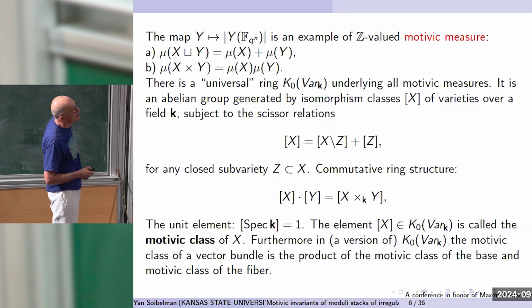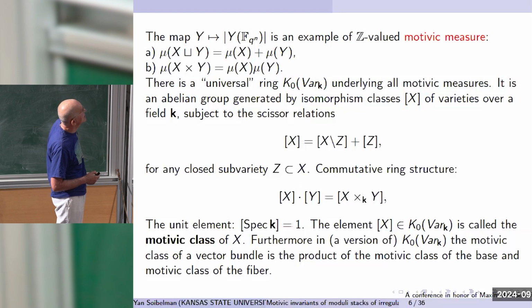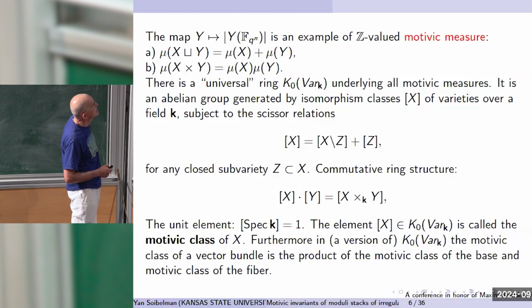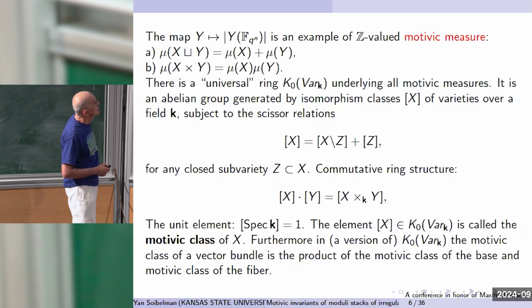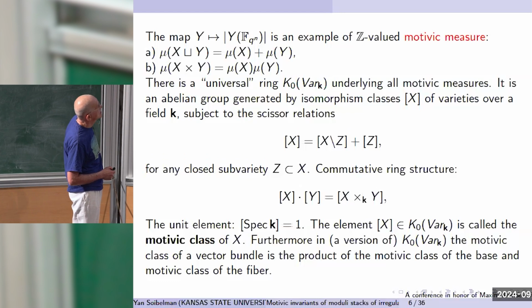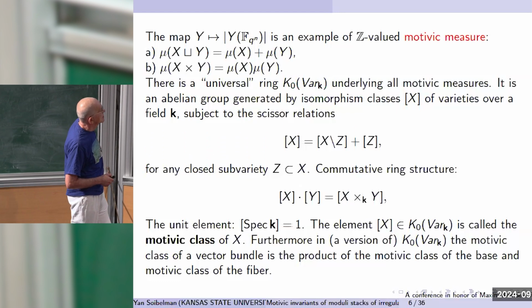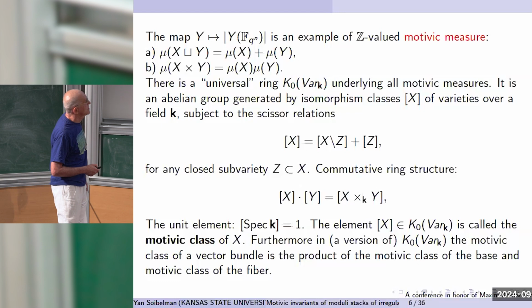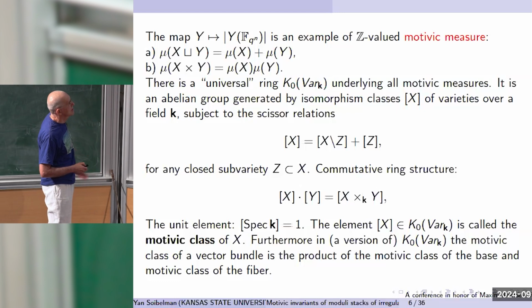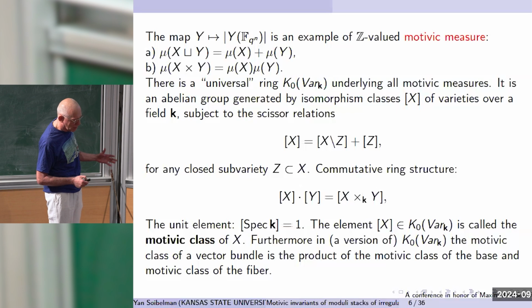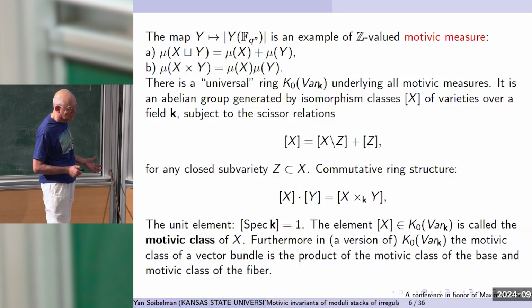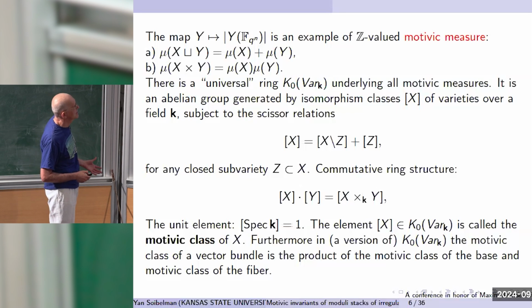It is generated by isomorphism classes of varieties subject to the scissor relations. It has a commutative structure and it has a unit. There are many versions of this. This is the simplest example of a motivic ring, and I will call all possible versions which appear in my talk motivic rings.